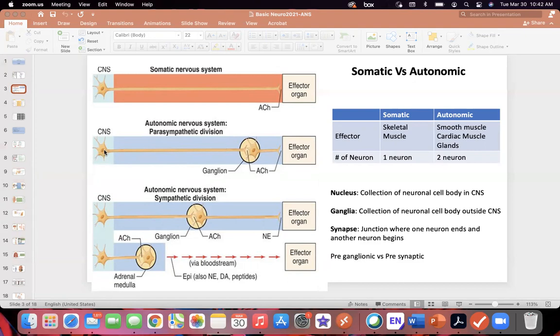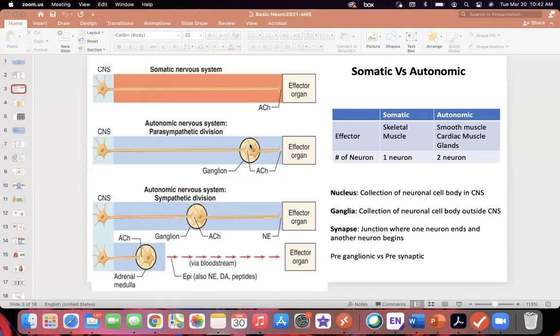Now look at this one. This neuron is not reaching the effector organ directly. Rather, it ends at a ganglia. And then at the ganglia, it synapses with the postsynaptic neuron, and that postsynaptic neuron eventually goes to the effector organ and controls its function, right?